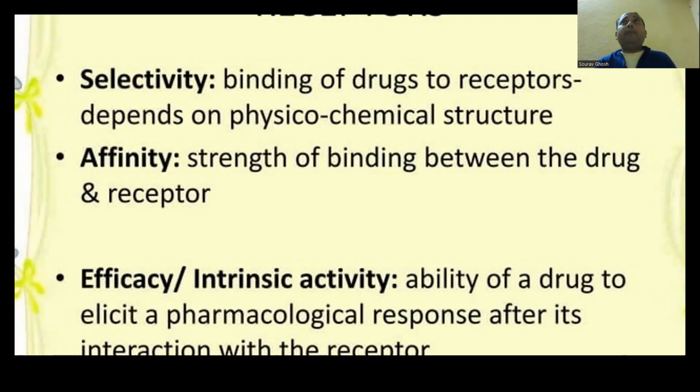And if we talk about this terminology, that is agonist, antagonist, partial agonist, inverse agonist, then agonist means which has affinity or selectivity and also has intrinsic activity. Antagonist means which has selectivity or affinity, but there is no intrinsic activity.